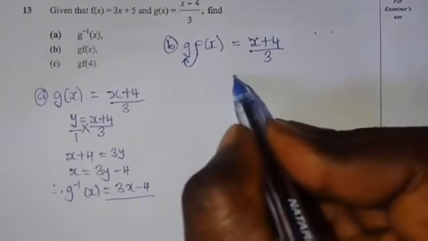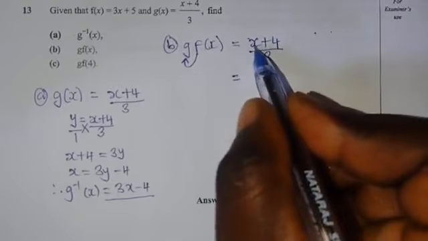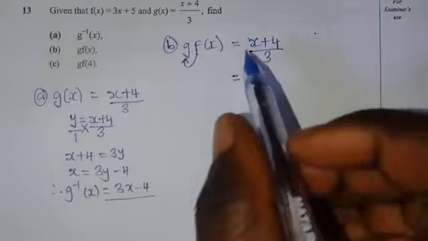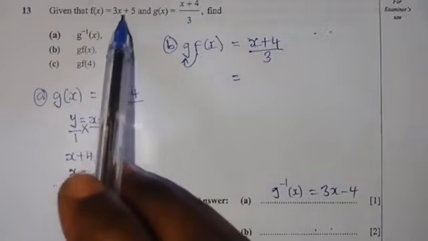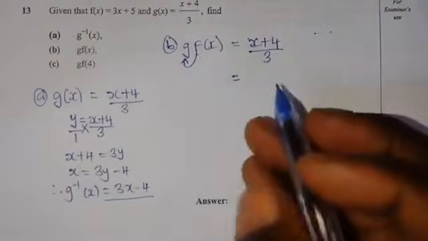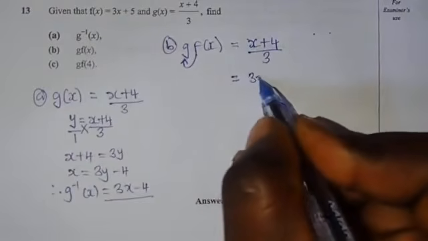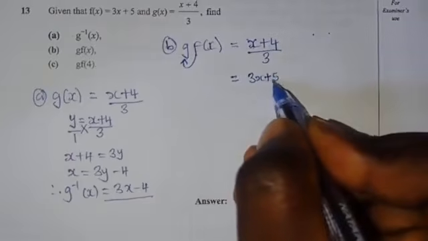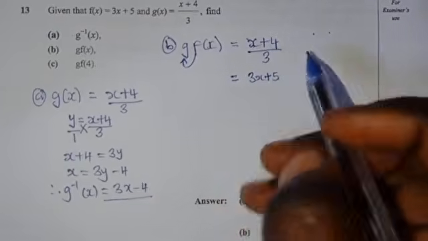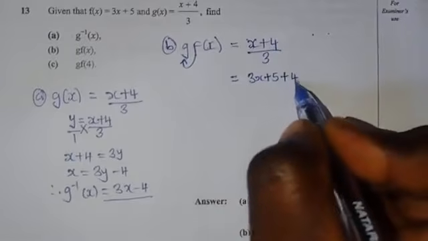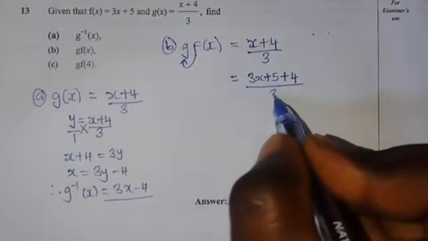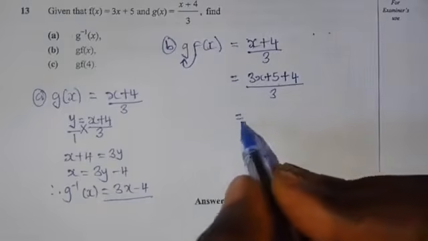So what we are going to do is this. On this x, we are going to put the function of f. And the function of f is this function right here, 3x plus 5. So we are going to write the 3x plus 5 right here. So I write 3x plus 5 just on this x, okay? Then we say plus 4 over 3. Then from here, what are we going to do?